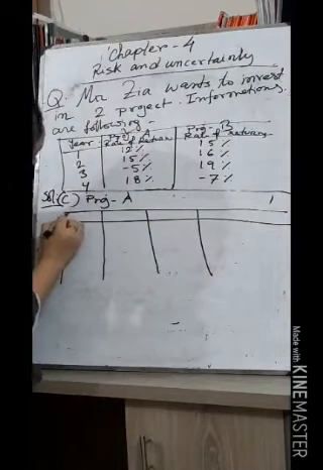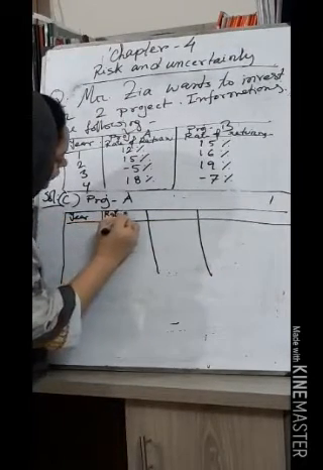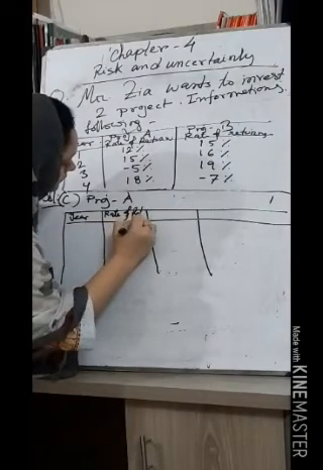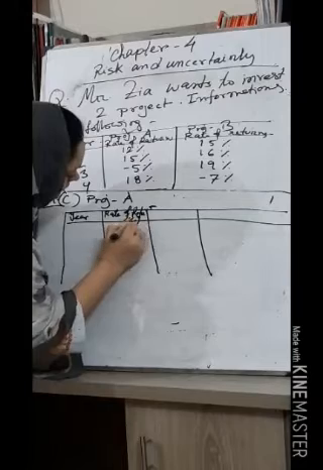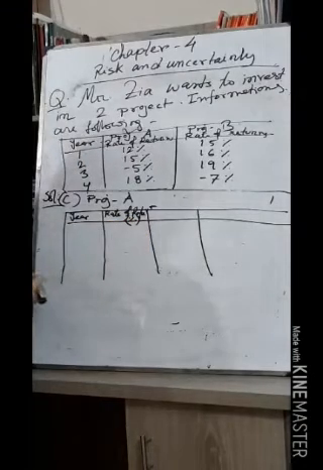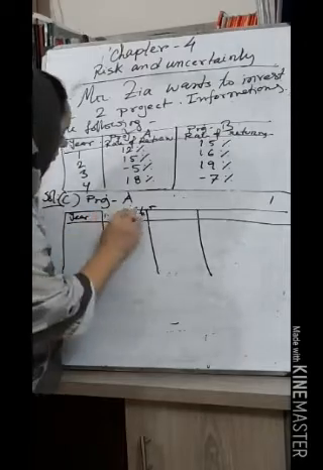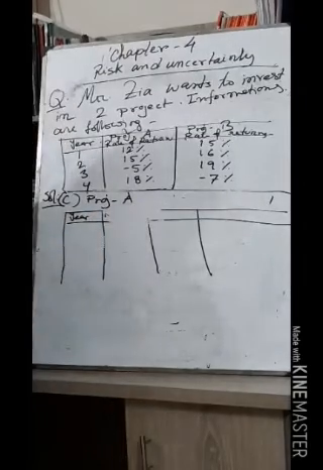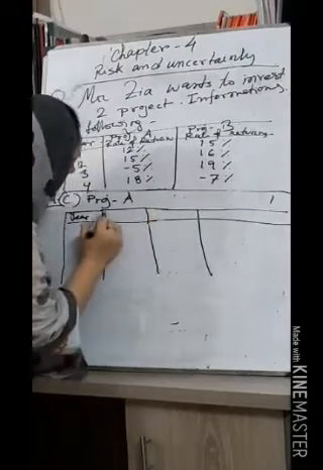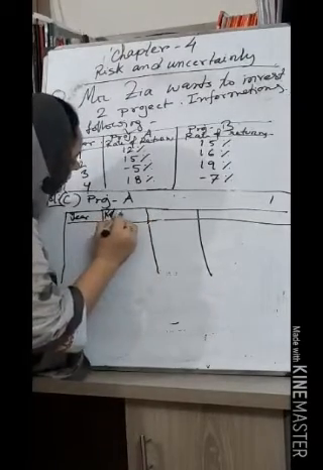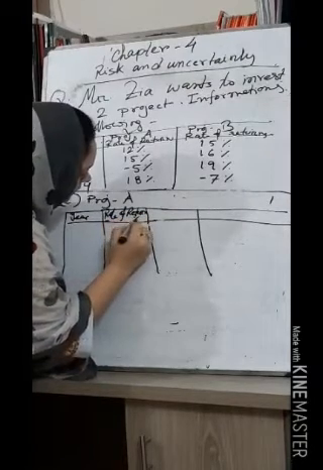It becomes like: year, rate of return in percentage. Can you see here? Rate of return in percentage.